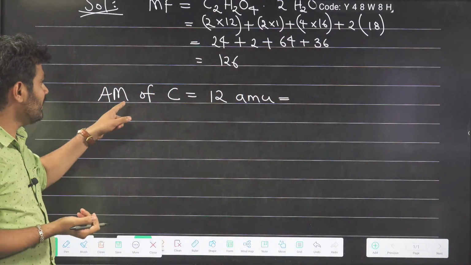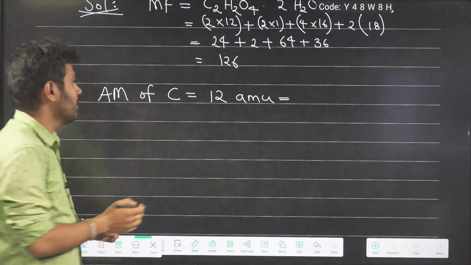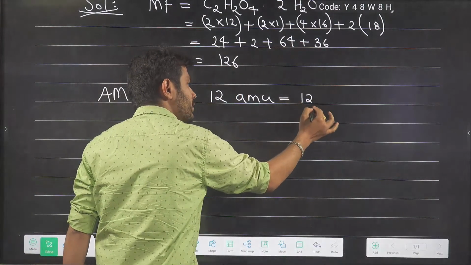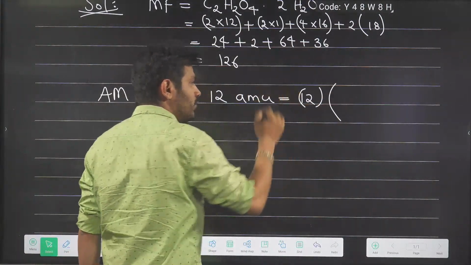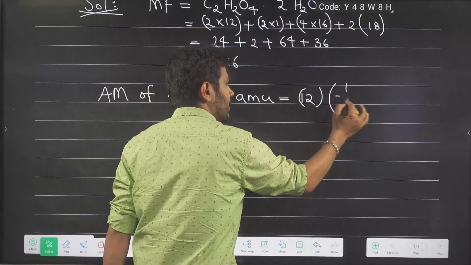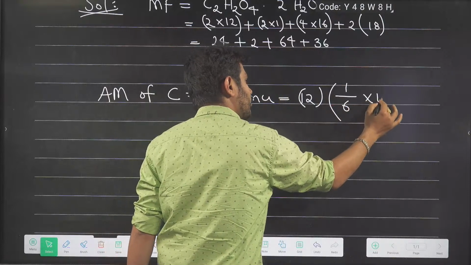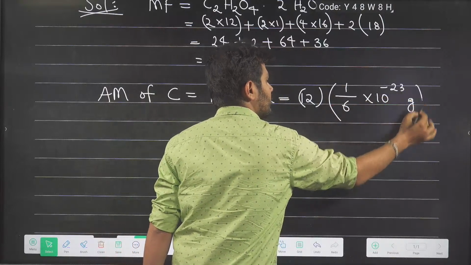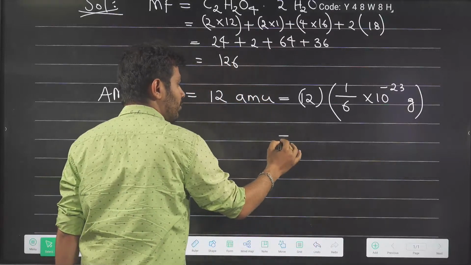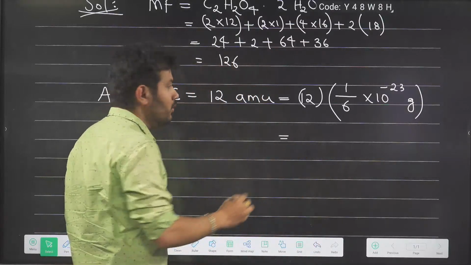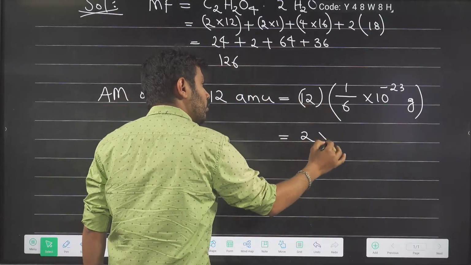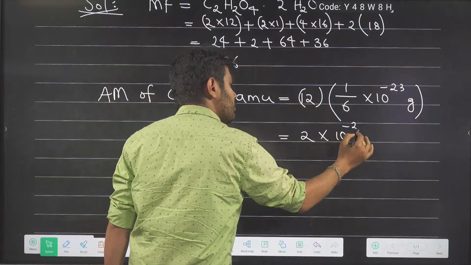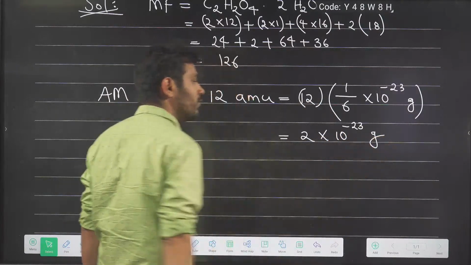So what is the mass of a single carbon atom? Let us calculate. 12 AMU means 12 into 1 AMU, and 1 AMU is 1 by 6 into 10 to the power of minus 23 grams. 6, 12 cancelled. 2 into 10 to the power of minus 23 gram.